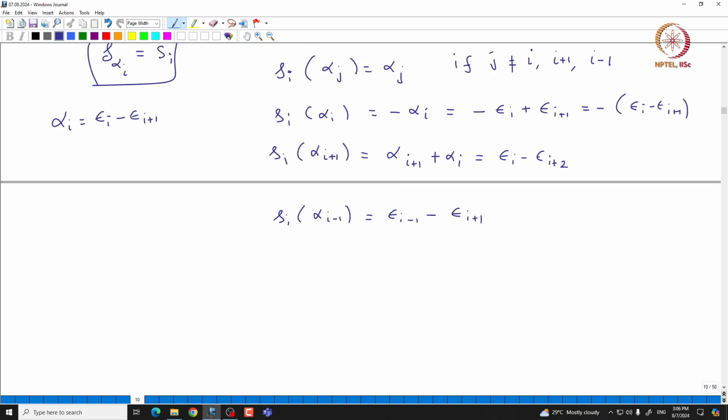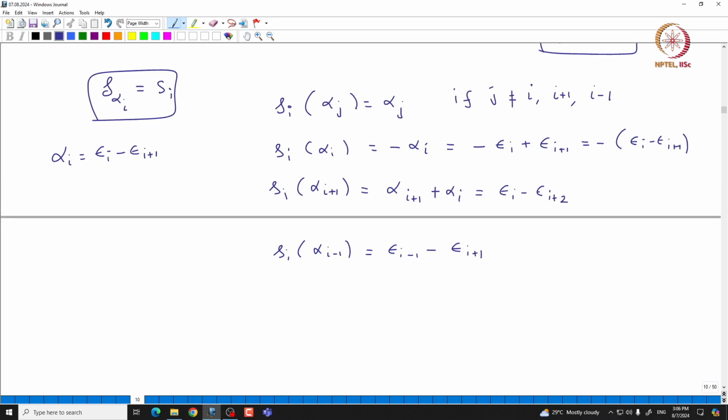So, from these formulas you can easily see that S_i indeed simply switches epsilon_i and epsilon_{i+1}.